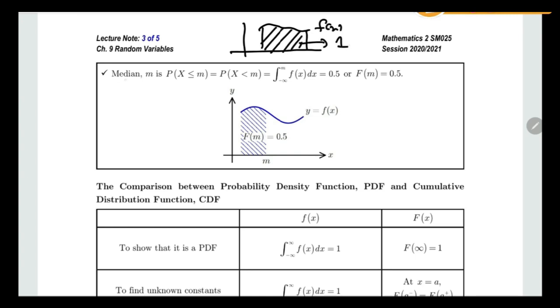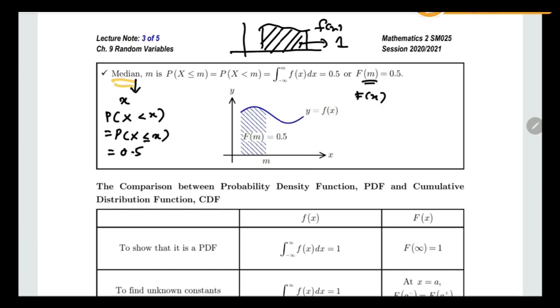The median is the value of x for which the probability P(X less than or equal to x) should equal 0.5. Or x can be written as m, where m refers to the median. You can just write it as F(m) or F(x).